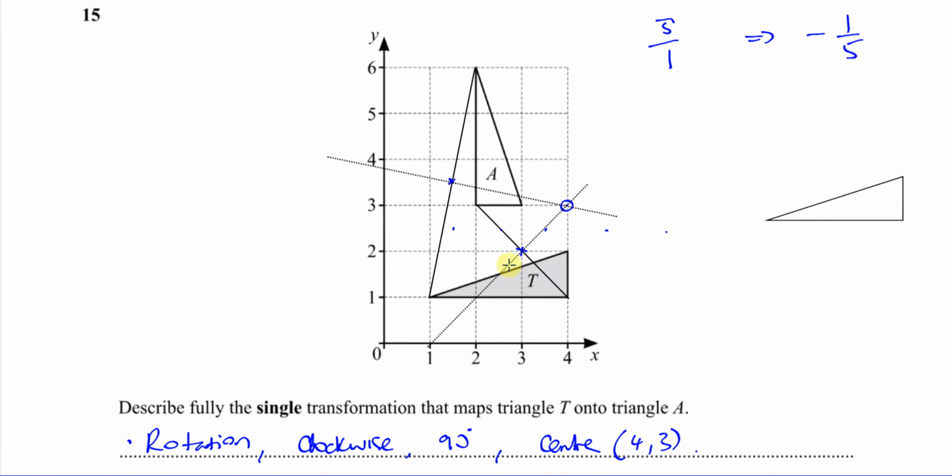So when you draw the perpendicular bisectors of the lines joining corresponding points, if you choose 2 points that make different lines, then you'll see that the perpendicular bisectors will always intersect at the center of rotation.